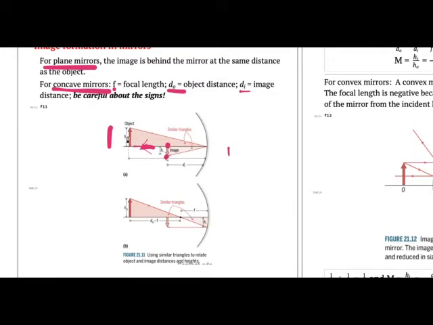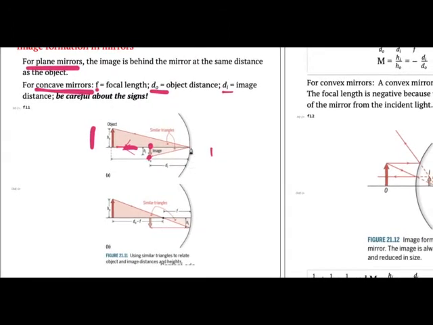So HO divided by DO is equal to HI divided by DI. So there are various equations following from trigonometry or geometry relating these various distances. Now there's a relation between DO and DI.